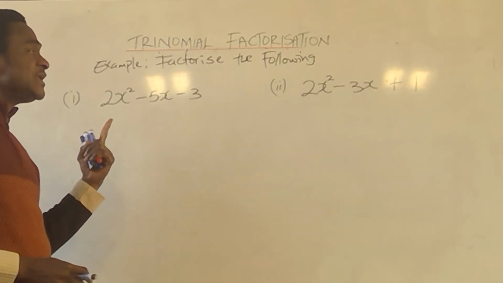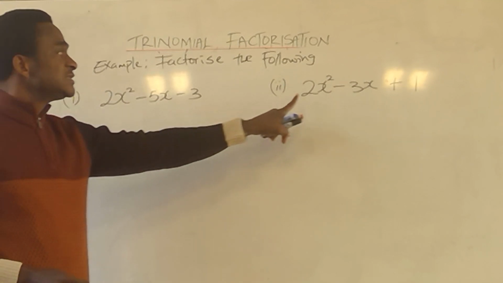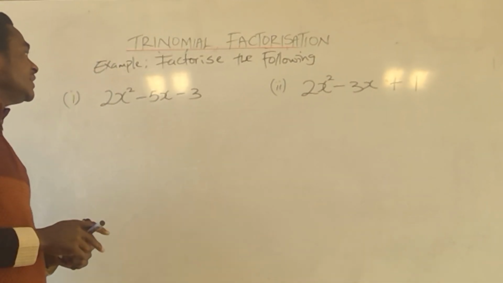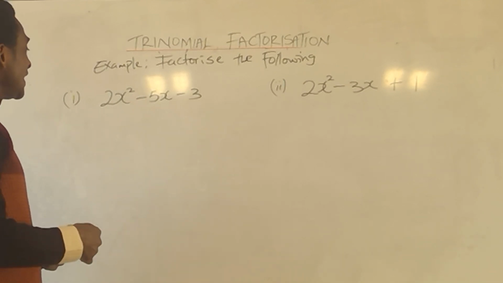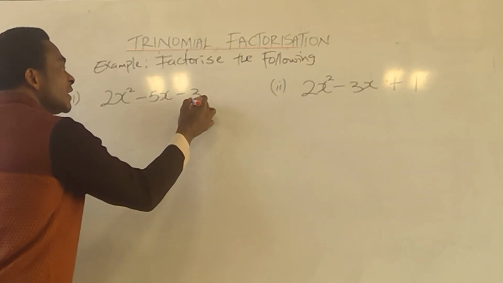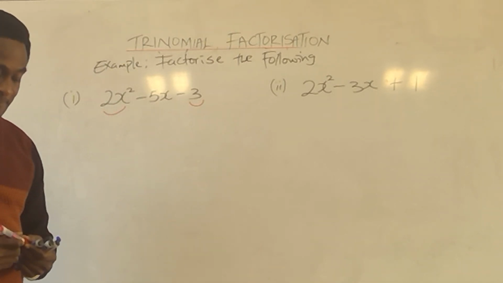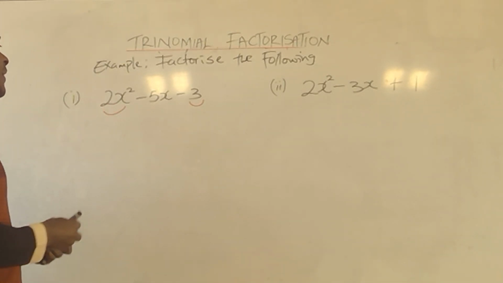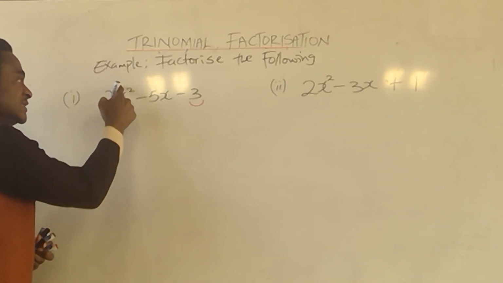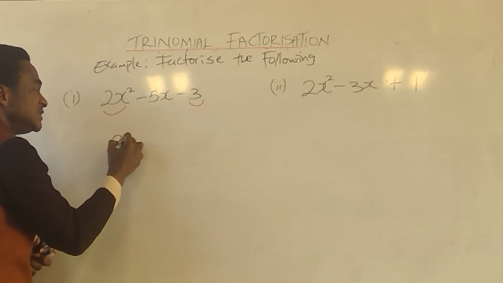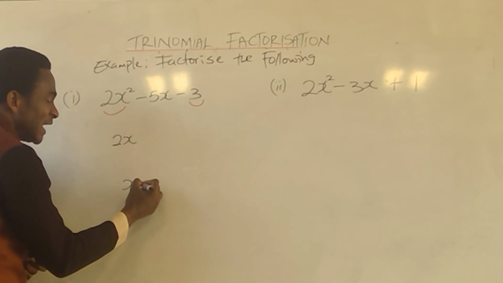But in the case where the coefficient of x squared is not equal to 1, we use a different method. What we do here is we ignore the middle term for now and focus on the last and the first one. So we break this down into its components. The two variables that we can multiply to get the first term are 2x times x.